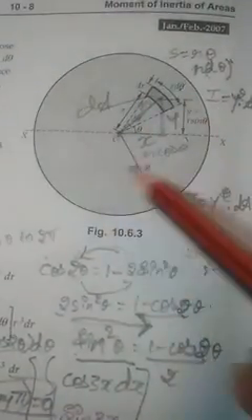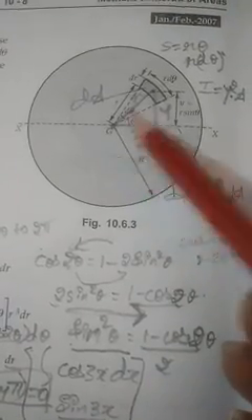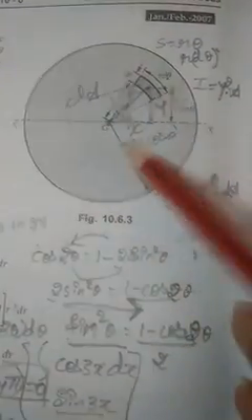Pi d to the power of 4 divided by 64 is the final answer. This is the moment of inertia for the circular section, the total moment of inertia for this circular section.